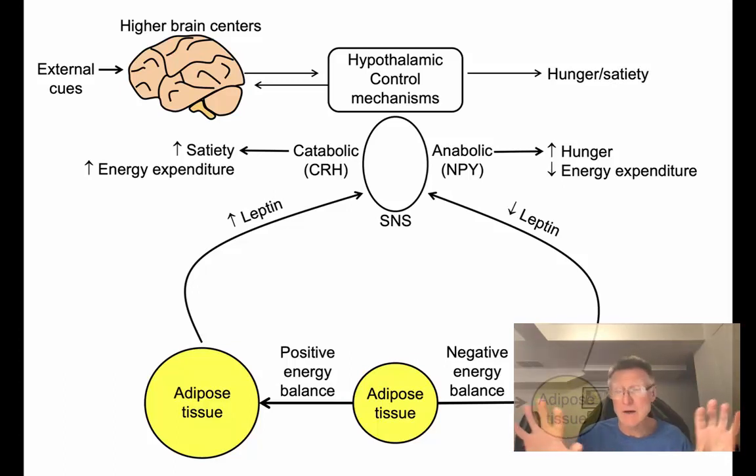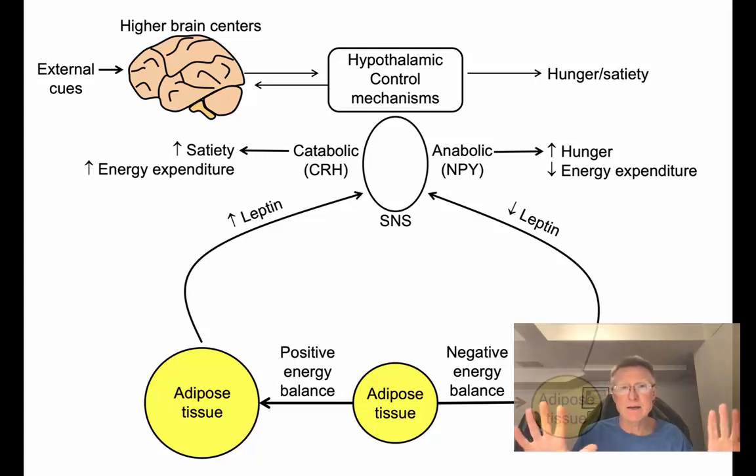I don't want to downplay either of them, but just in terms of numbers, obesity by far is much more common, much more prevalent in the population than anorexia nervosa or problems associated with psychological or voluntary suppression of eating.